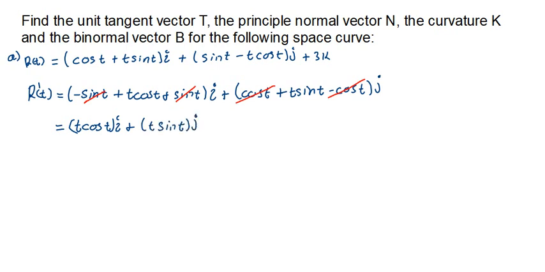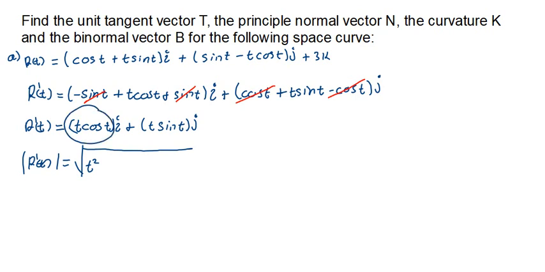I think it's wise for me to find the magnitude in advance. The magnitude of the first derivative is going to be the square root of t squared cos squared t plus t squared sin squared t.